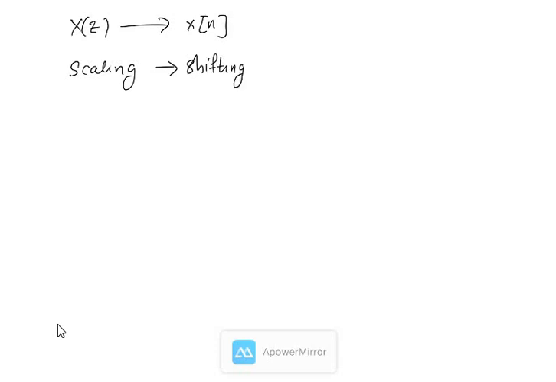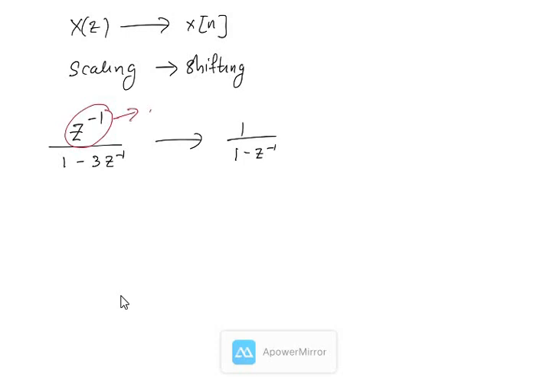Here I would like to summarize going from the Z transform X(z) to x(n): we do the scaling first, then shifting. Let's say we have a question like z to the power of minus 1 divided by 1 minus 3z to the power of minus 1, and we compare with 1 over 1 minus z to the power of minus 1. We can see that this is the shifting, whereas this part is the scaling.